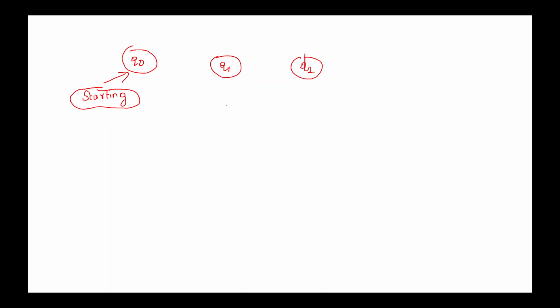So basically what happens is whenever a state receives an input, there will be a transition. What does transition mean? It moves to another state.